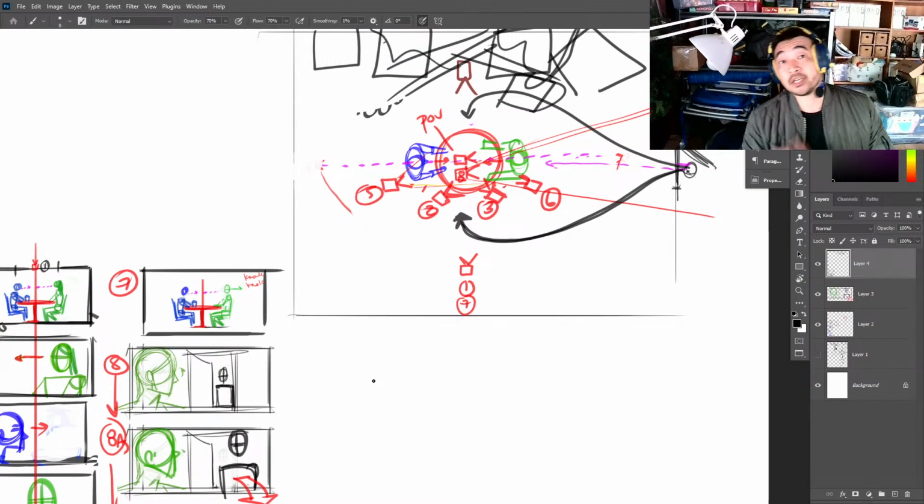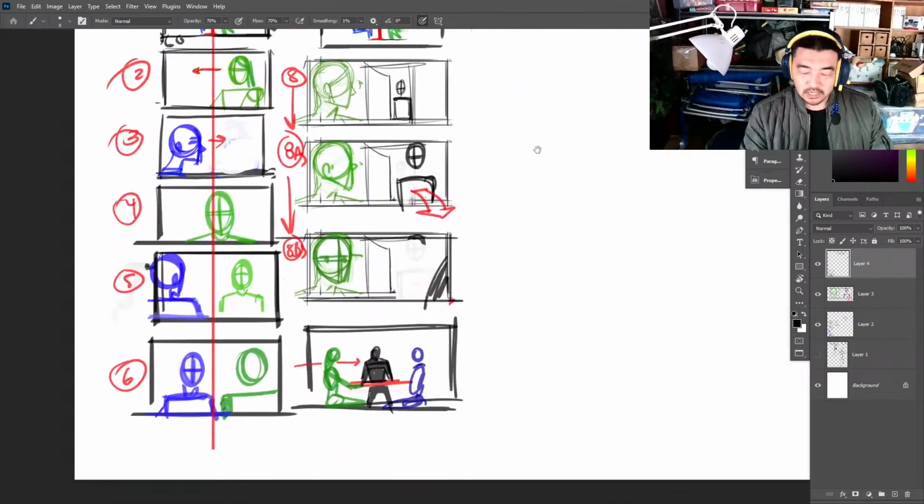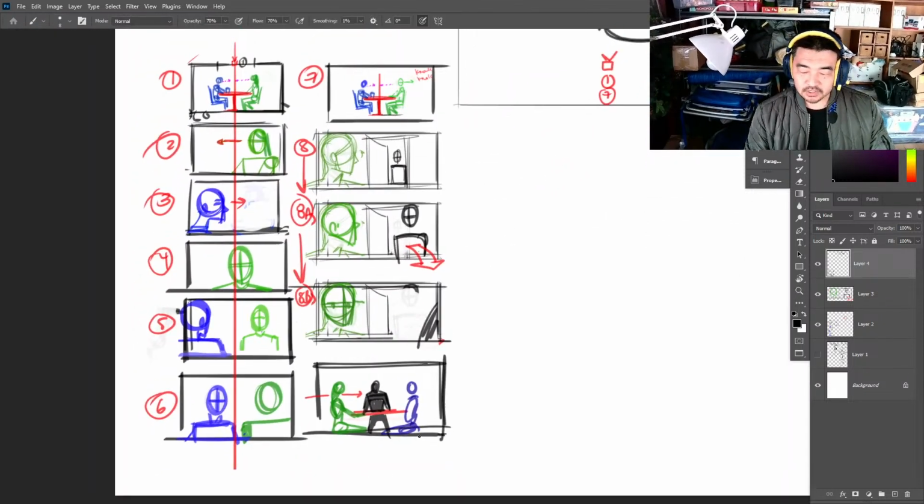You wouldn't have to reset all the cameras, because now that they cross the line like this, you have to do a whole different setup in terms of cinematography and lighting and placing the camera and all the things that you already have.